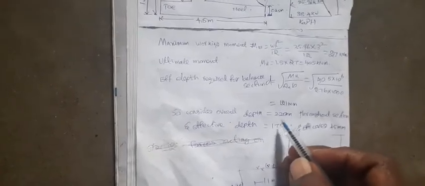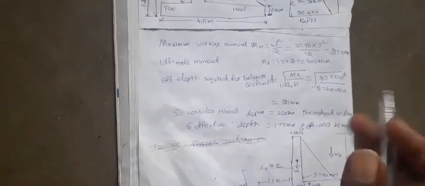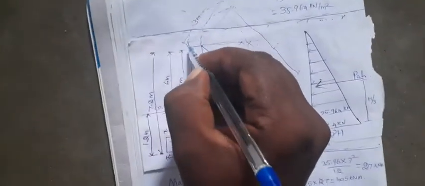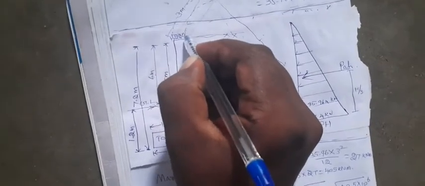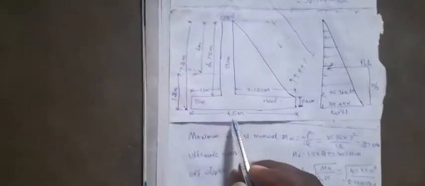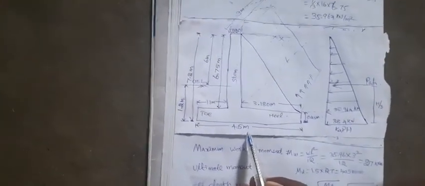Second, 220 is the overall depth. So we provide here an overall depth of 220, which is nothing but the thickness of the stem. So already we saw 4.5 meter is the base width of the base slab, and 1.1 is the toe projection.